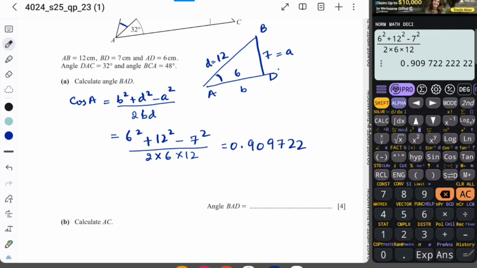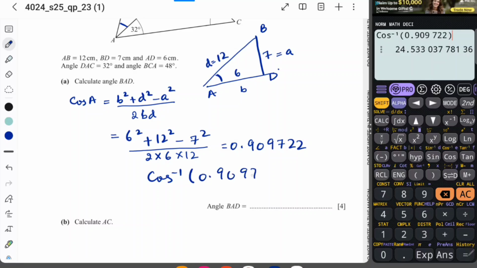So we'll take the cos inverse of 0.909722. It's coming 24.5 degrees.